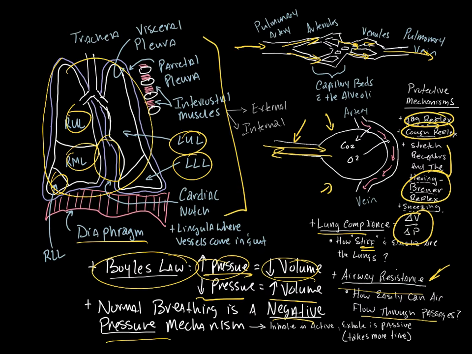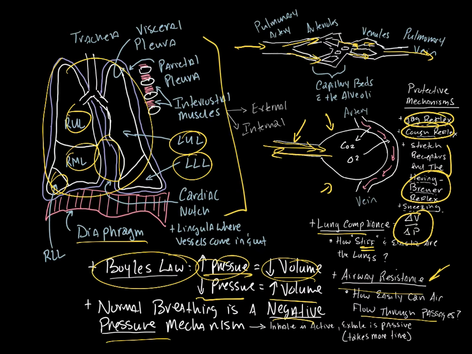So when we say that somebody has obstructive disease, like COPD, which is an umbrella term for a number of diseases that primarily increase airway resistance, right? They make it harder for air to flow through those passages. Does that kind of make sense? You guys okay with that? So that is obstructive pathology.